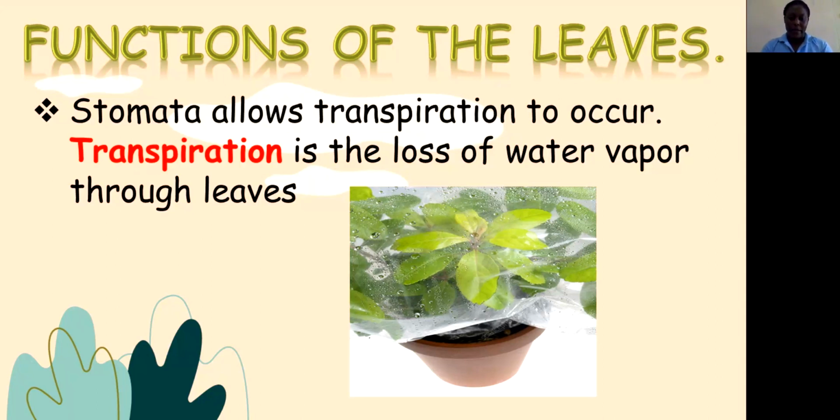We have talked about photosynthesis and we have talked about transpiration. And we have seen that the plant makes its own food in the leaves. That is what you should know. Okay, thank you.